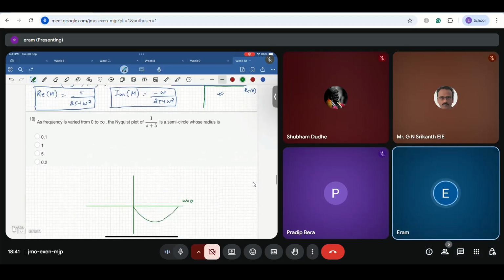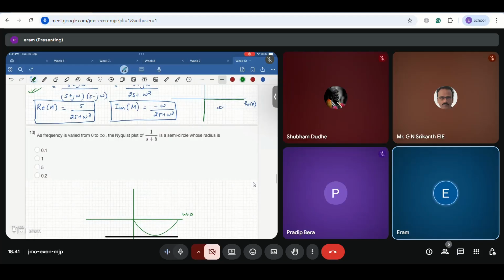So the real part is 5 by 25, it will be 1 by 5, and the imaginary part is 0. So you have the semicircle, and this value, that is this diameter, is of 1 by 5.